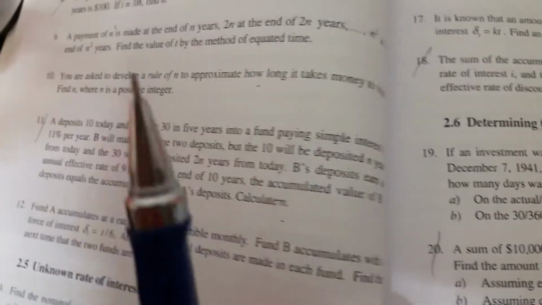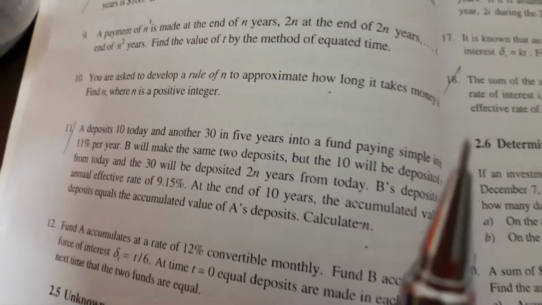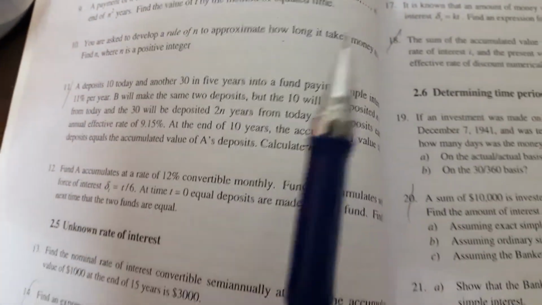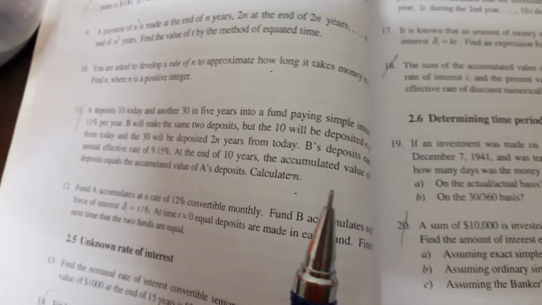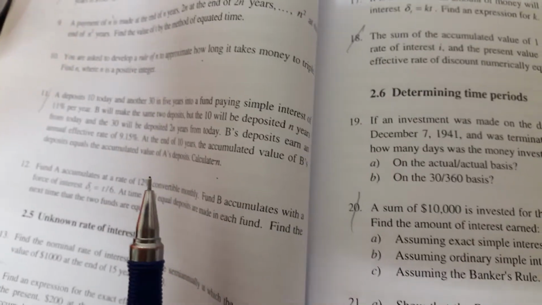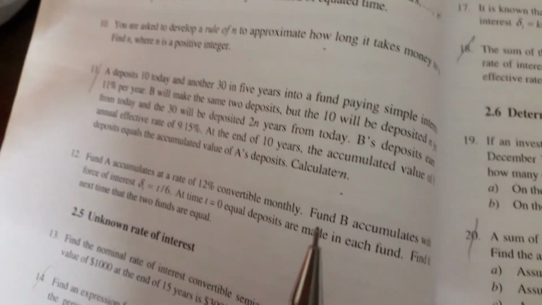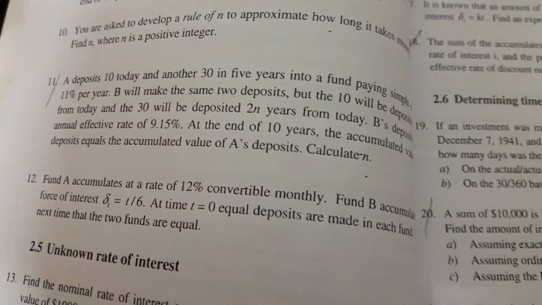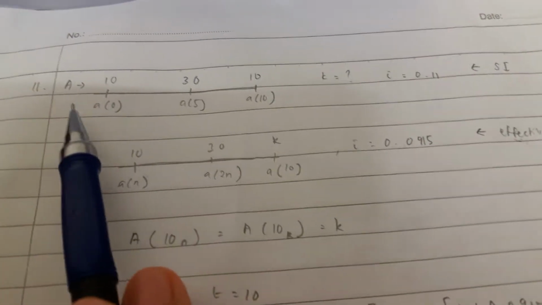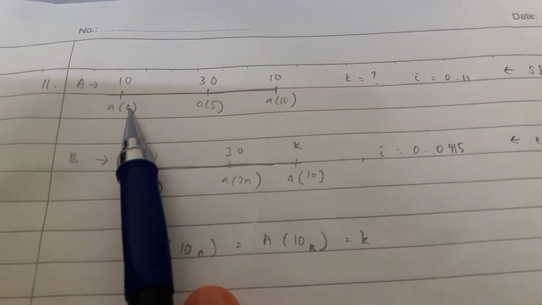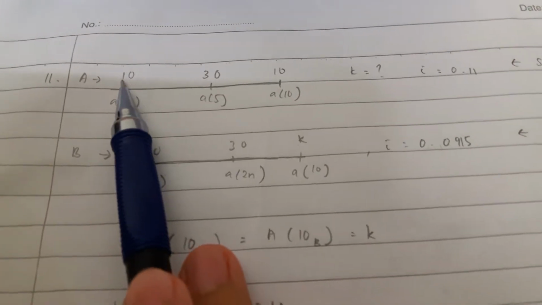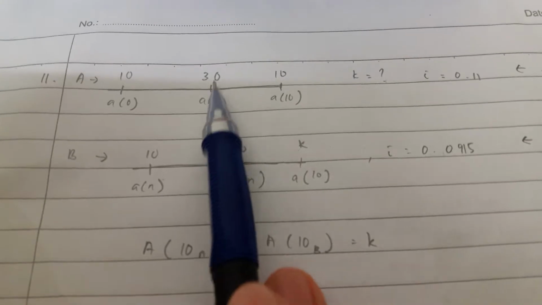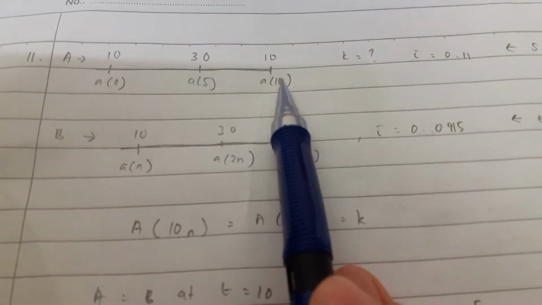B's deposit earned an annual effective rate of 9.15%. At the end of 10 years, the accumulated value of B's deposit equals the accumulated value of A's deposit. Calculate n. And then we'll draw the timeline for A and B. For the 0 year, we put 10, and for the 5 year, we put 30, and at the 10 years, we put k.